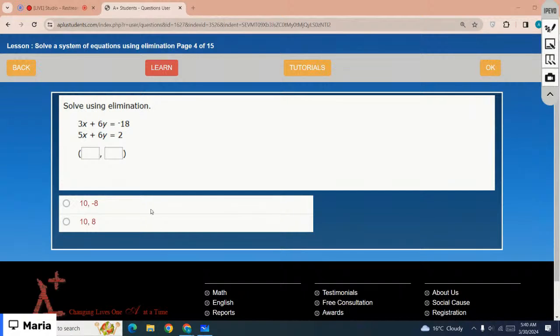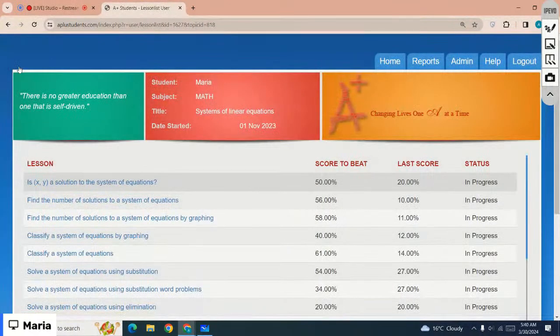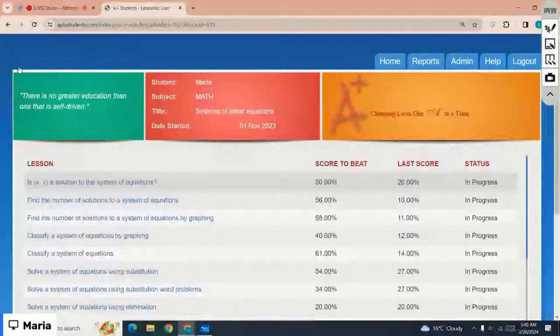Okay, now you can complete the lesson by yourself later today. So we were working on grade 10 math. The chapter we were working on is system of linear equations, and the lessons we have today are classify a system of equations, solve a system of equations using substitution, and word problems, which you have to do on your own.